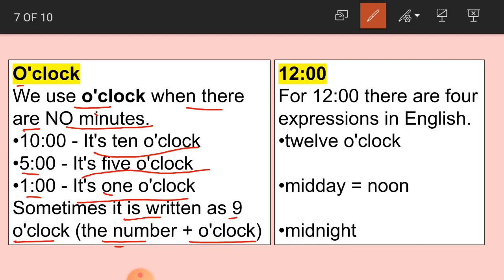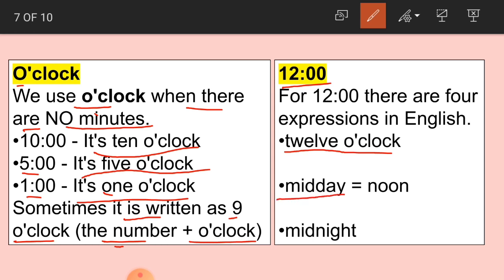Okay children, if you say about 12, you get 2 times 12, in the noon and also in the night. So you can express it in 3 different ways, that is 12 o'clock, midday.